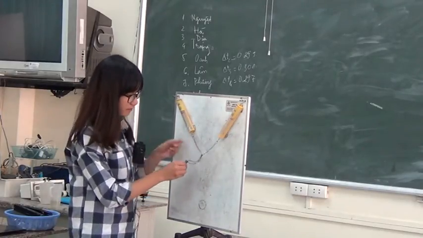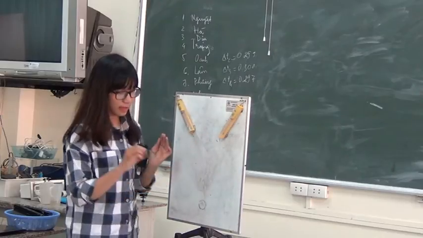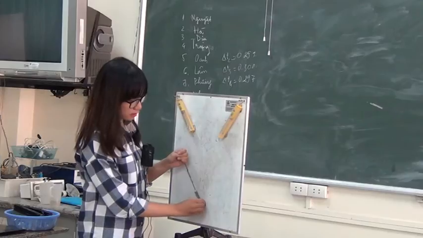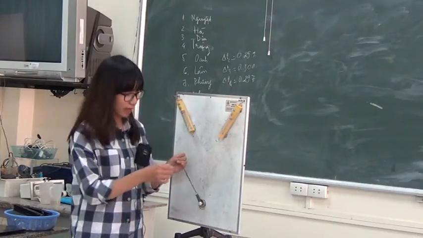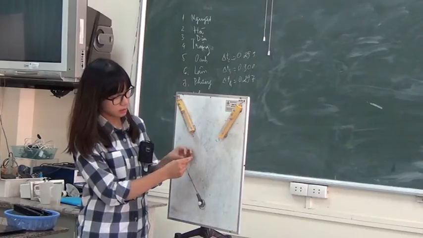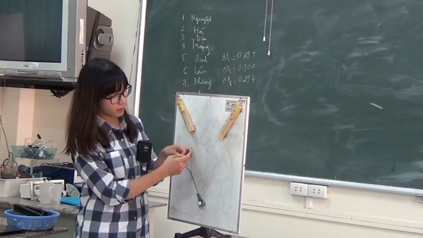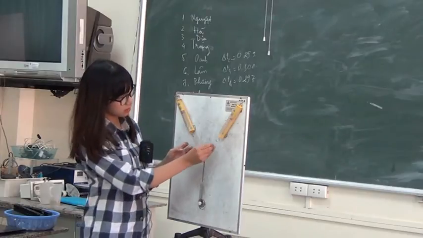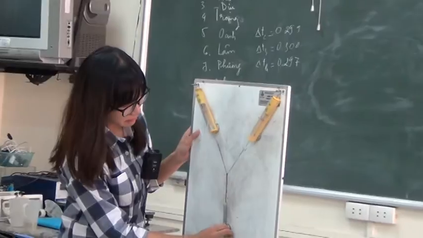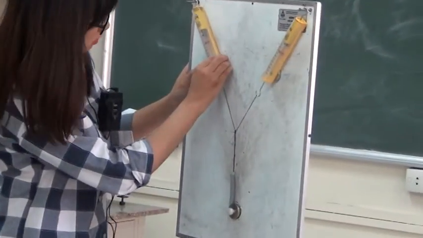Here I have an elastic spring. I fix that with this position, and I connect this Y-shaped branch string here with two forces, like this.